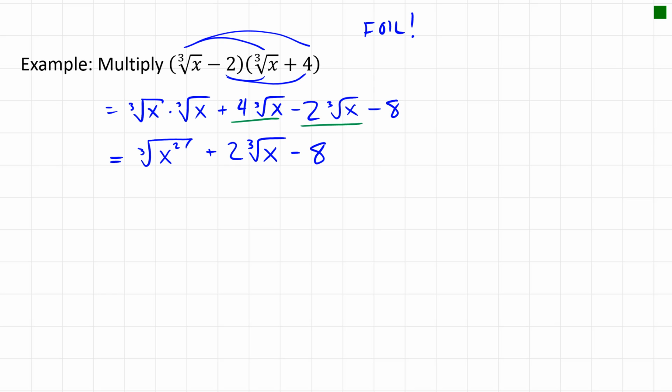And then these radicals are not like terms, because what's underneath the radical is not equivalent. X squared is not the same as x. So these are not like terms, so I'm not going to combine them together, which means that this is my final answer.